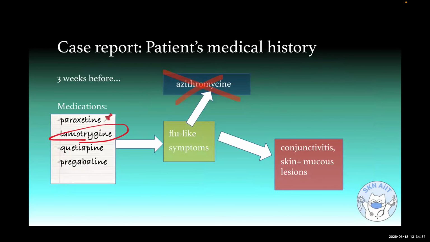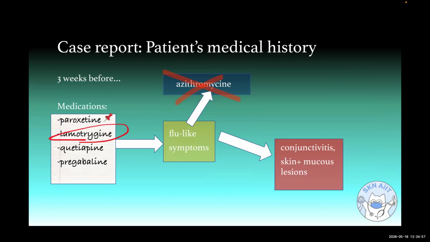So beginning with our case, the patient's treatment history is really important. 3 weeks prior to admission, he had started therapy with 4 drugs: paroxetine, quetiapine, pregabalin, and lamotrigine, which was the most probable causal drug.